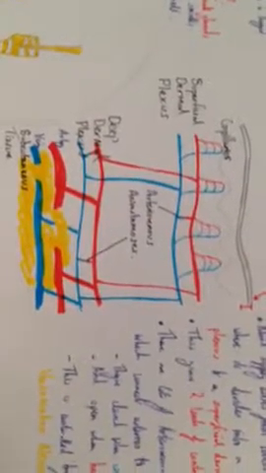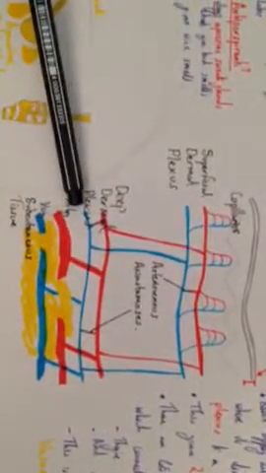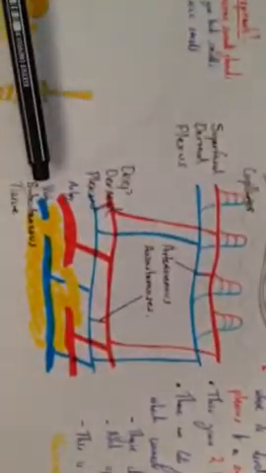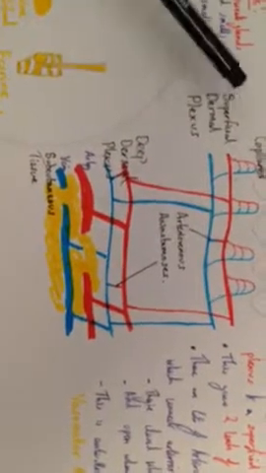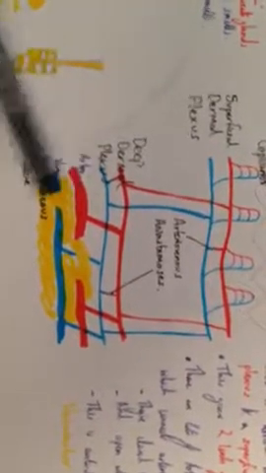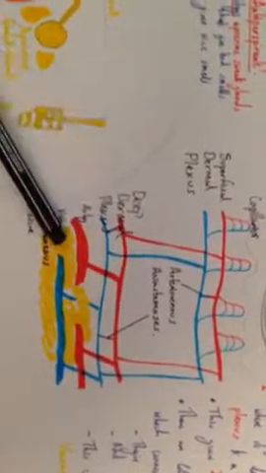Blood flow arises from subcutaneous tissue, via our artery and vein, into our deep dermal plexus and our superficial dermal plexus.